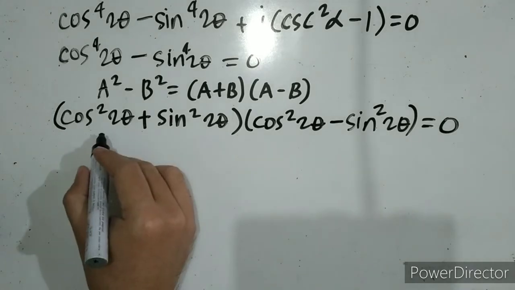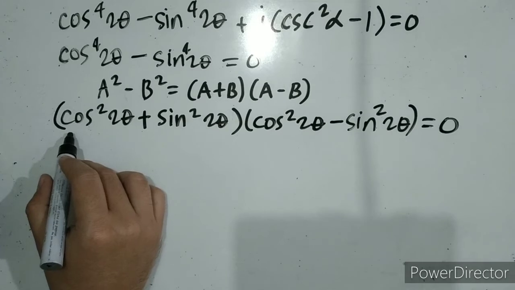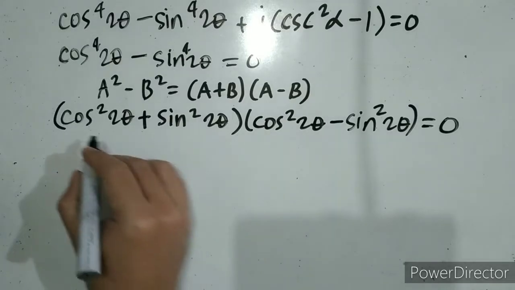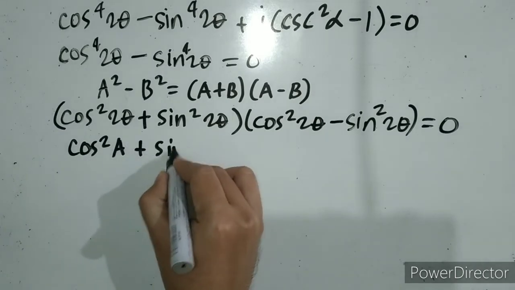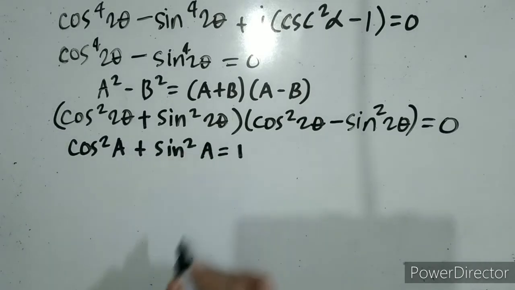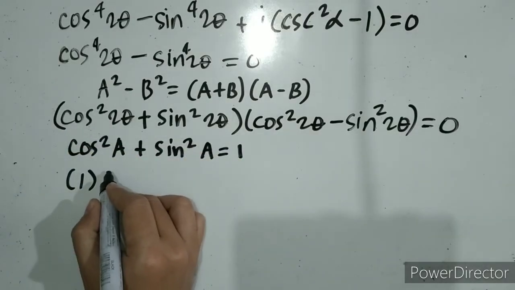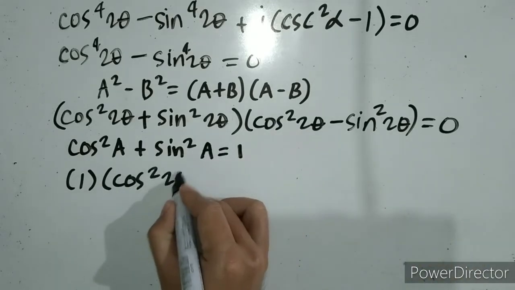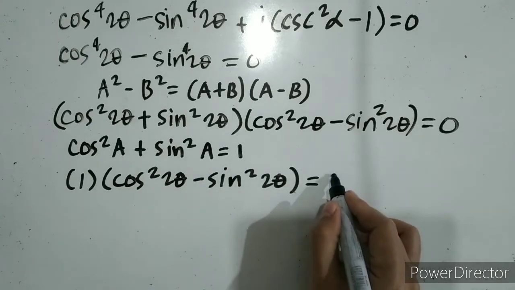You probably recognize this as resembling a Pythagorean identity. You recall that cosine squared A plus sine squared A is equal to 1. So this whole expression is simply equal to 1. And we have cosine squared 2 theta minus sine squared 2 theta equals 0.